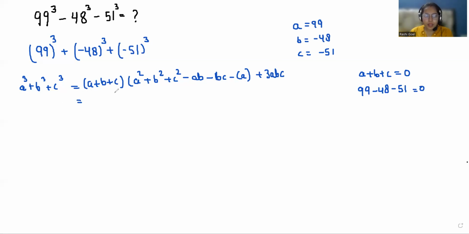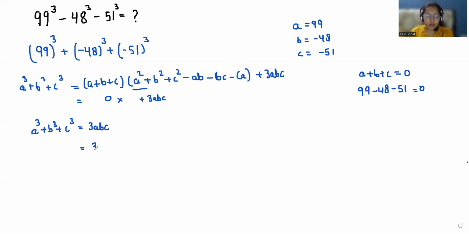If we multiply with this bracket, it becomes 0, so only 3abc is left. So the formula for a cube plus b cube plus c cube, when a plus b plus c is 0, is equal to 3abc.